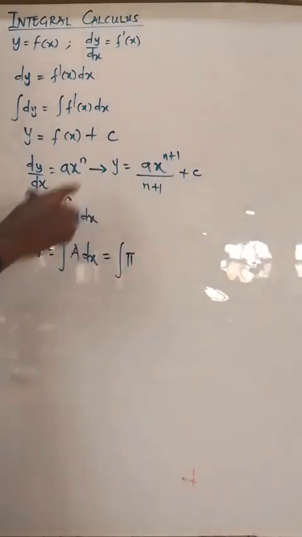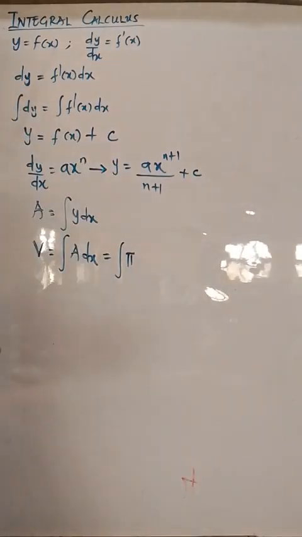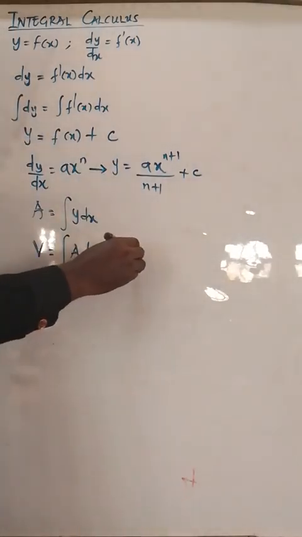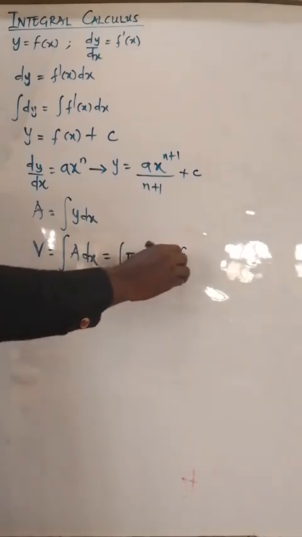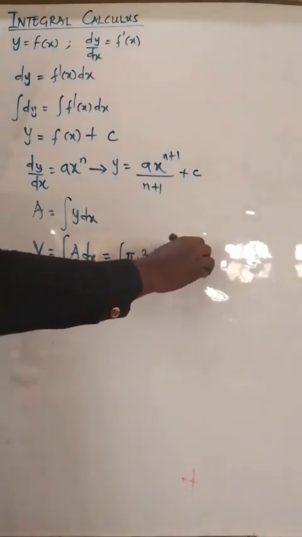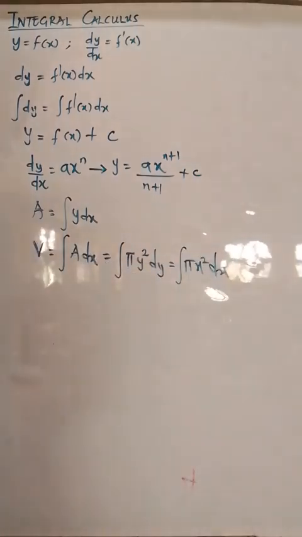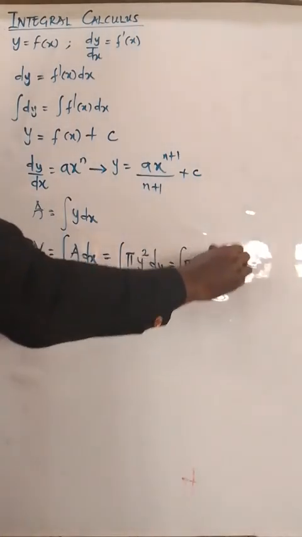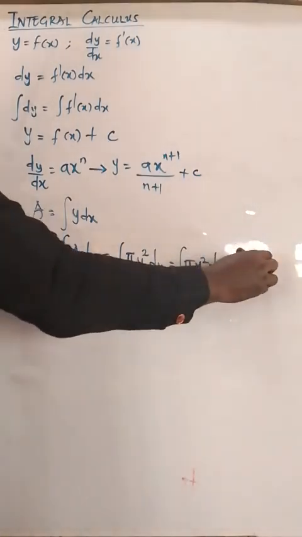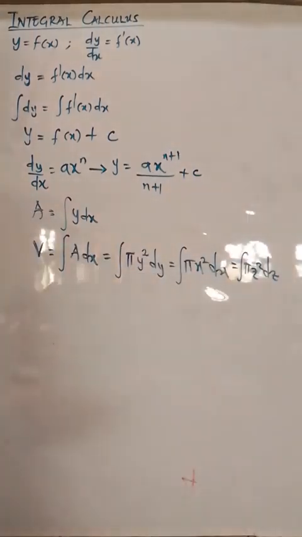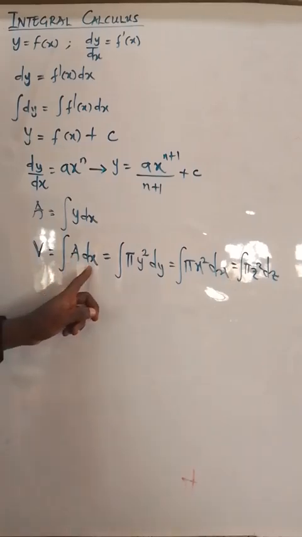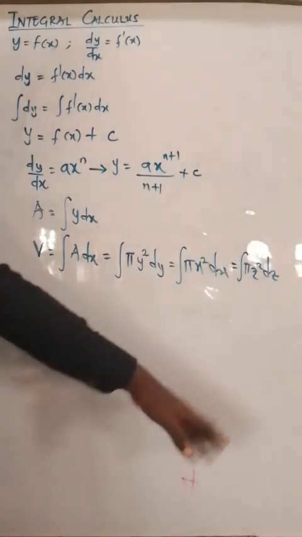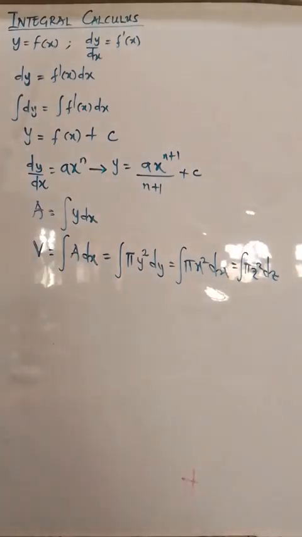Whenever there is a rotation, it will give us the area of a circle. So pi y squared dy or pi x squared dx, depending on what function the area is. So if the area is a function of x, it will be dx. If it's y, dy. We've solved questions on this.